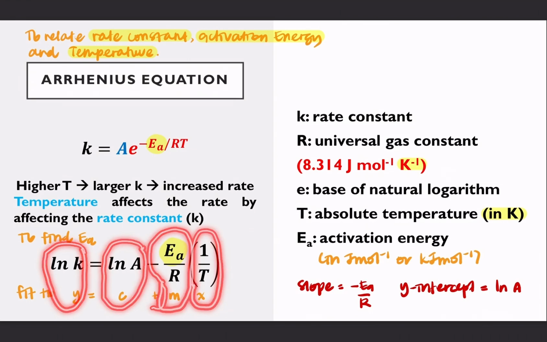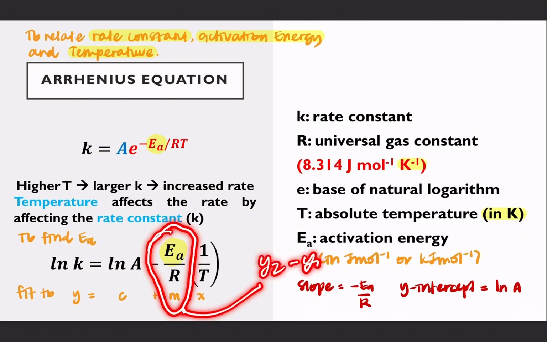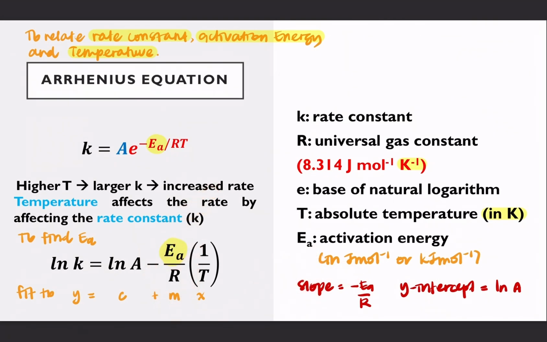The important part is to find EA. So when your slope is equal to negative EA over R, you can find y2 minus y1 over x2 minus x1 and rearrange your terms here to find activation energy.